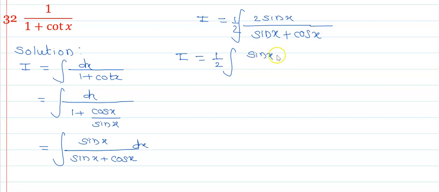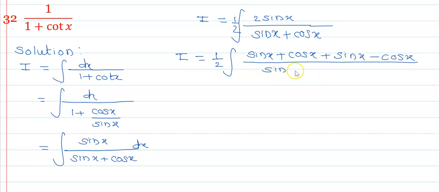This is the 1 sin x plus cos x, and next the remaining sin x, this is a, and to balance this plus cos x, I will write here minus cos x, and here the bracket is completed, and hence this is the sin x plus cos x into dx, and here you will get 1 upon 2 integral.